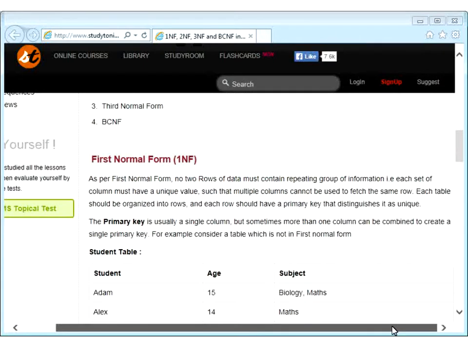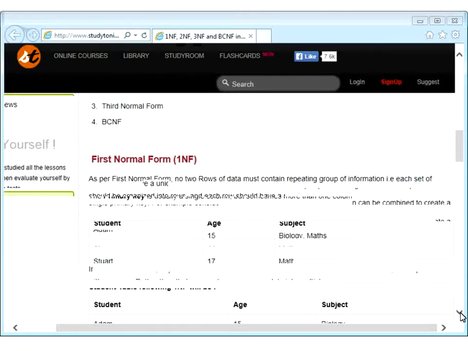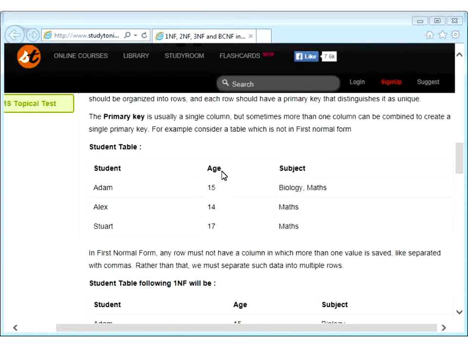In first normal form, no two rows of data must contain repeating groups of information, and each column must have a unique value. For example, here you had a student column, an age column, and a subject column, and under the subject column you were recording two subjects for the student. So you cannot record two values in a single column.